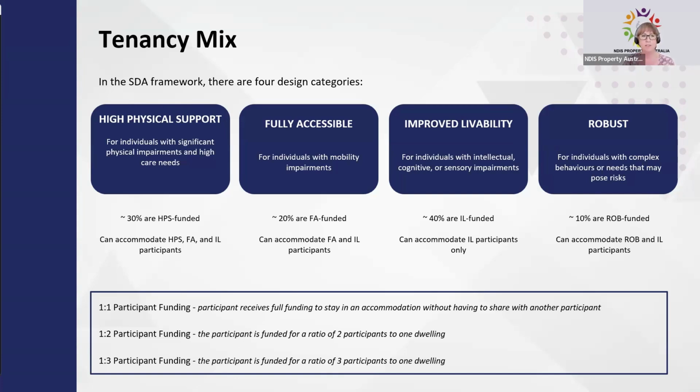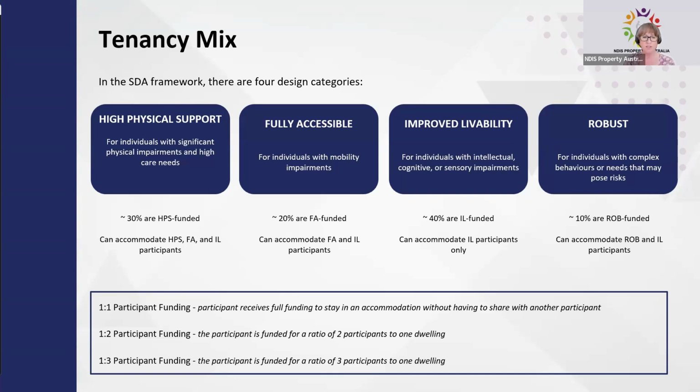So that's why we have seen the majority of properties in the market have been built to high physical support. Not a problem, because basically 90% of participants can potentially live in that home. So I hope that makes it a bit clear with all the different dwelling types, design, funding that a participant might have, and how it works together.